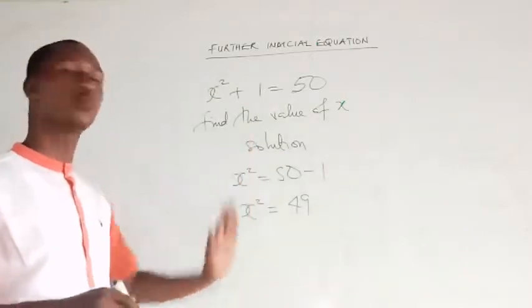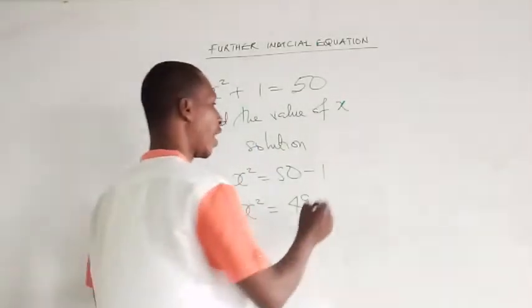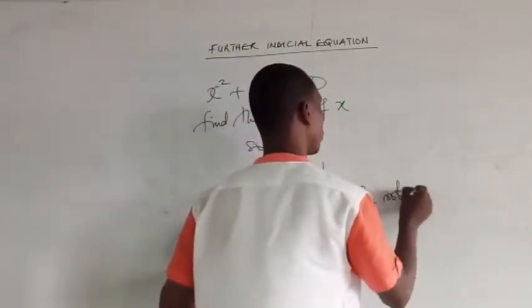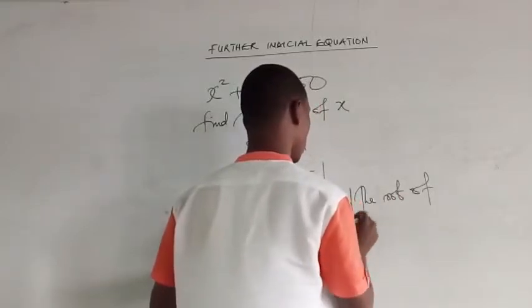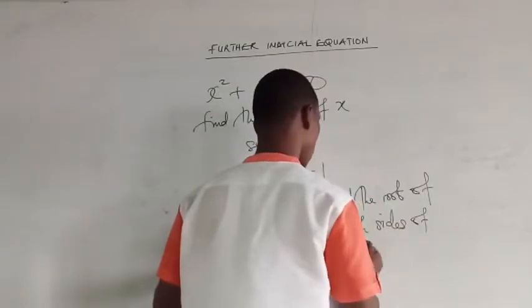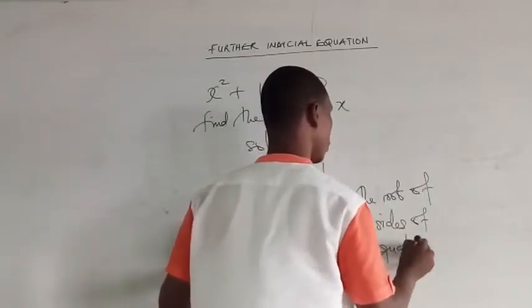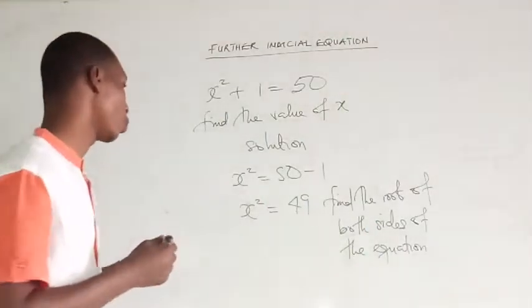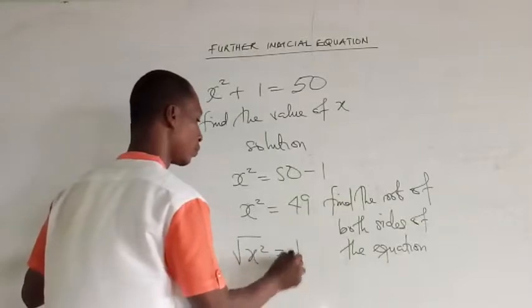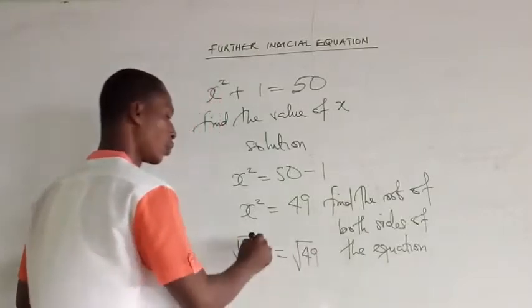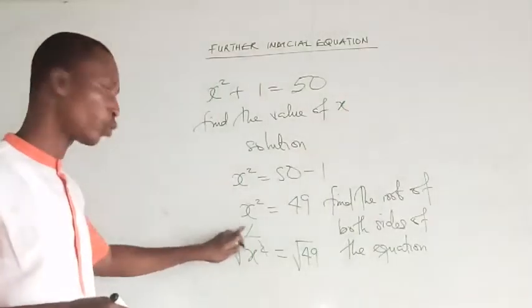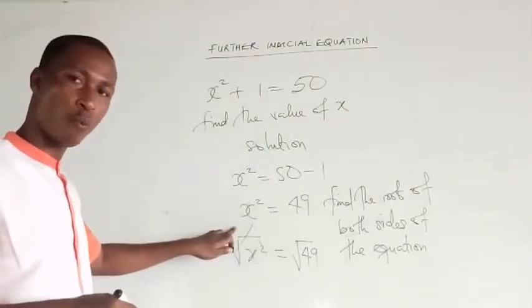So you say you find the root of both sides of the equation. The power will be blown away by the root.